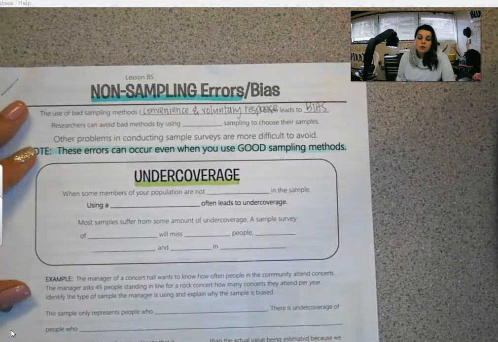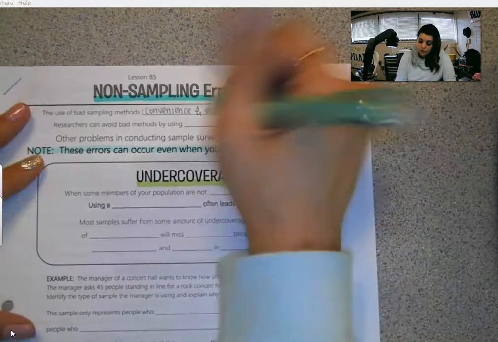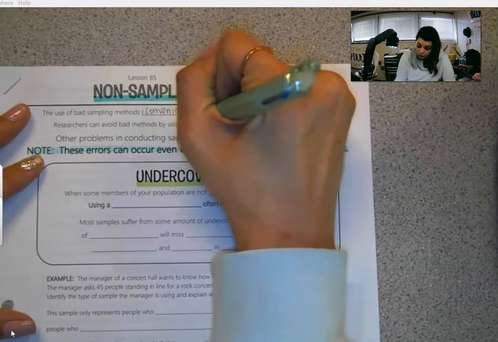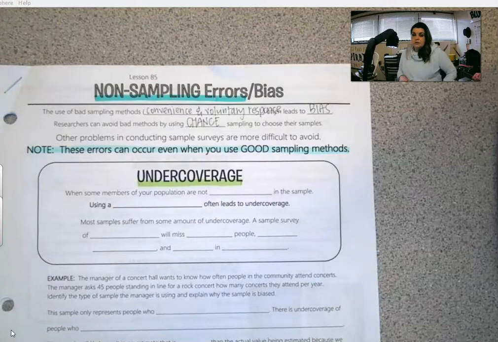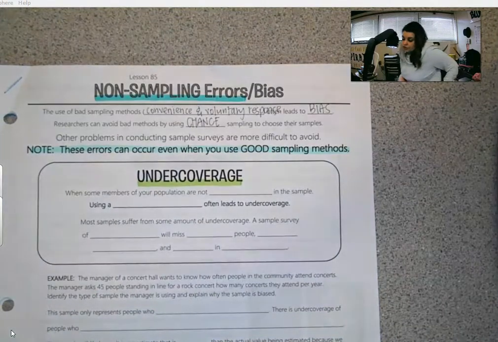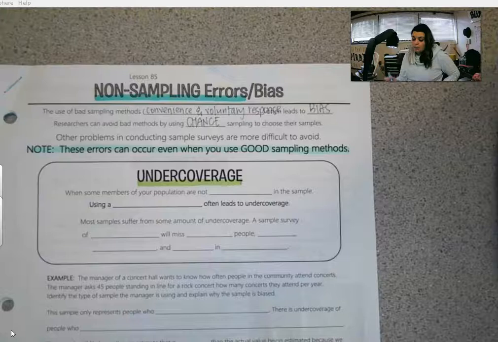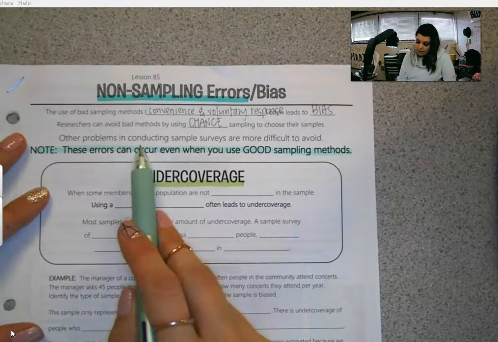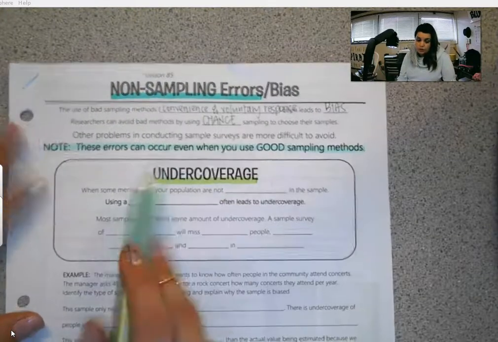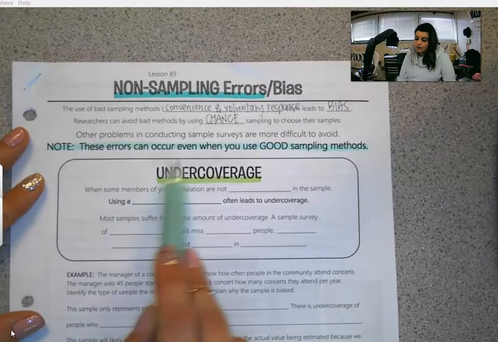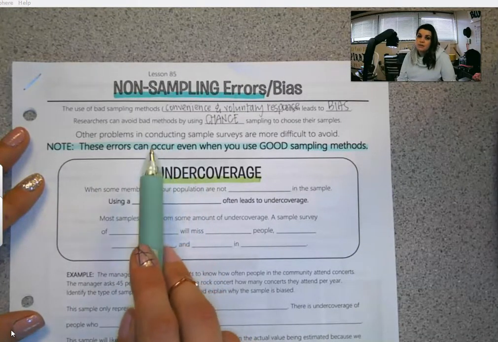Researchers can avoid bad methods by using chance or randomness, chance sampling, to choose their samples. Other problems in conducting sample surveys are more difficult to avoid. Note, these errors can occur even when you use good sampling methods.